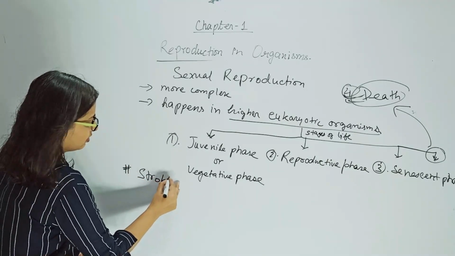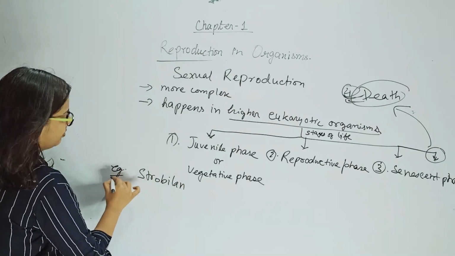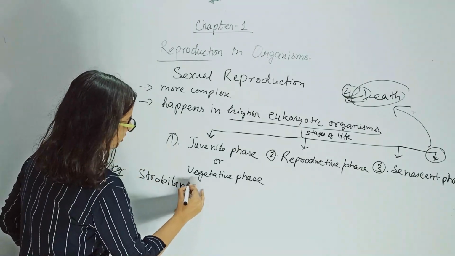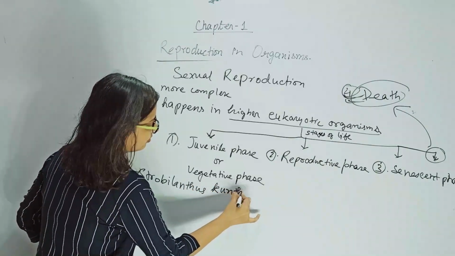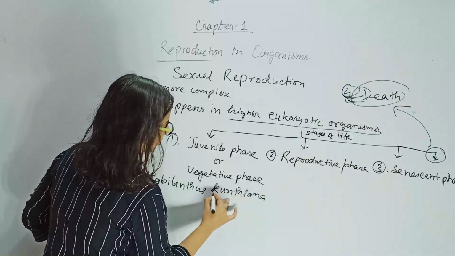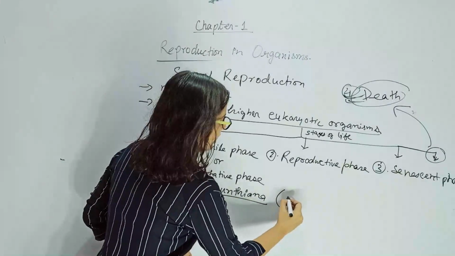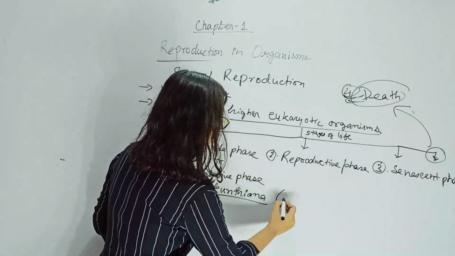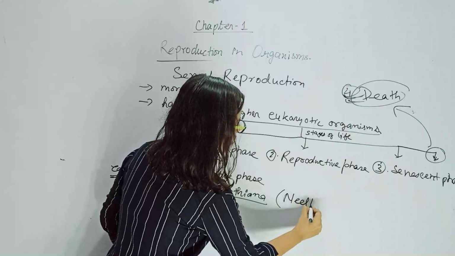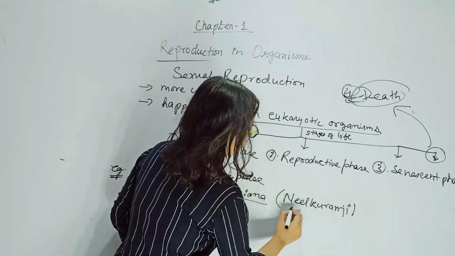So there is an example of a plant, Strobilanthes kunthiana. This is a plant. Its vernacular name, vernacular means common name, is Neelkuranji.